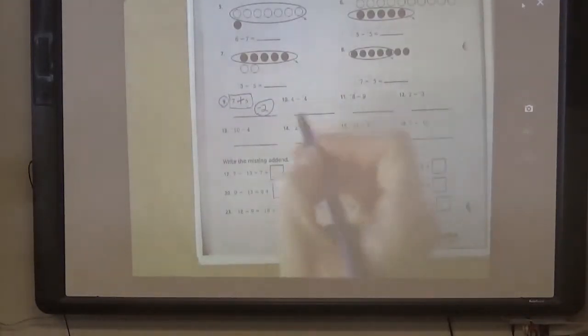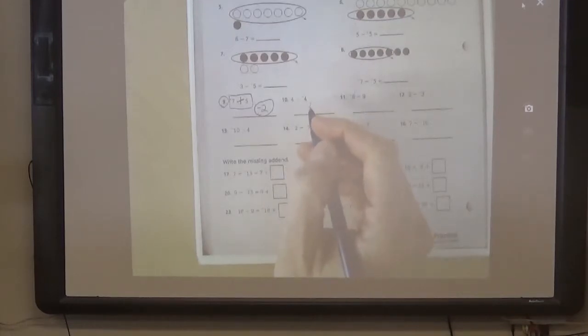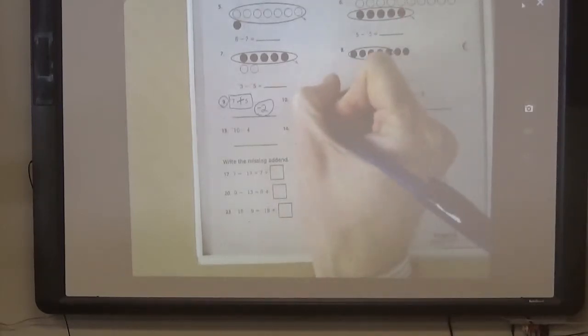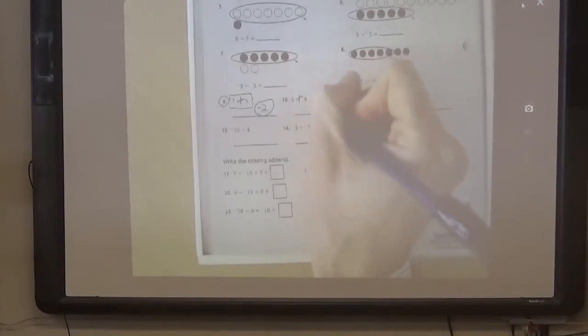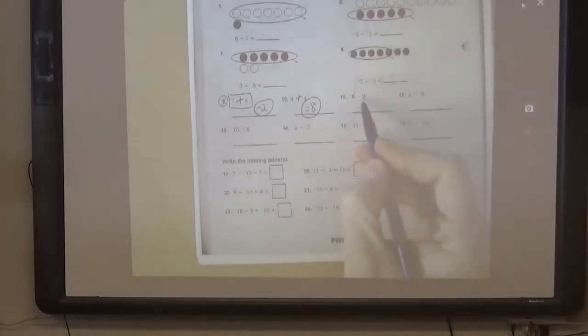How about 4 minus negative 4? Trevor? Yeah, it's 8 because it's 4 plus 4. So that equals 8. How about negative 8 minus 9?